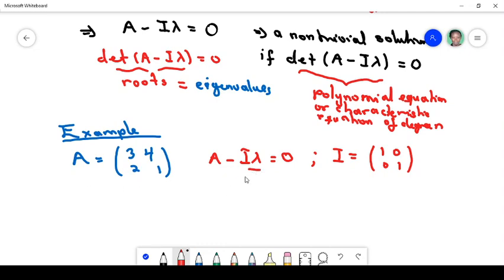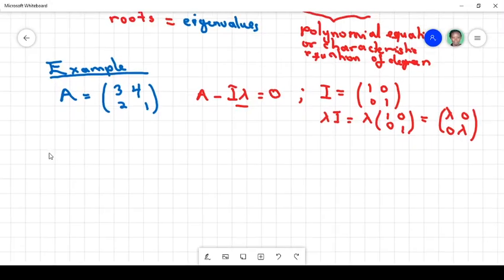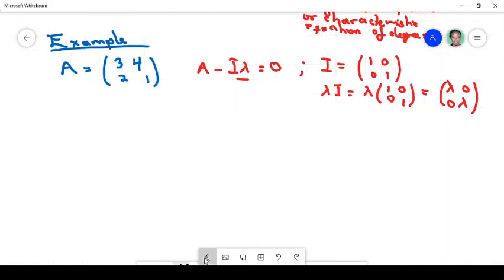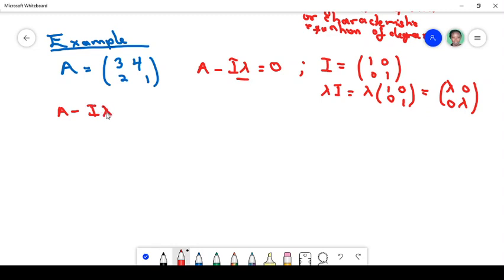So now let's look at this. If I want to solve for lambda I, you realize that I have lambda times 1, 0, 0, 1, which is going to be equal to lambda 0, 0, lambda. So this is what you have for lambda I. So let's look at A. If I have A minus I lambda, let's solve for that.